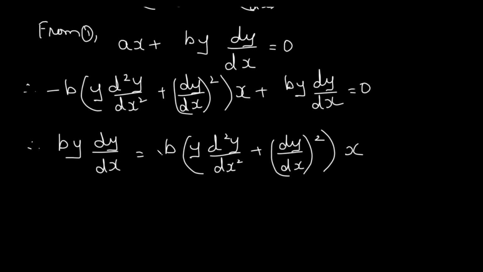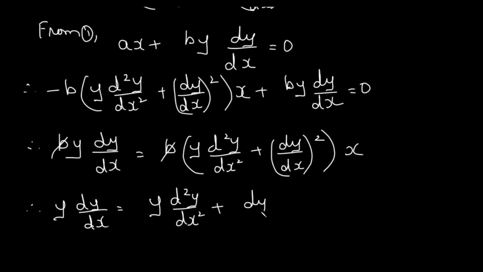Now what happens? Now b gets cancelled on both the sides. The b term goes away. And therefore we get y dy/dx is equal to y d²y/dx² plus dy/dx the whole square into x.